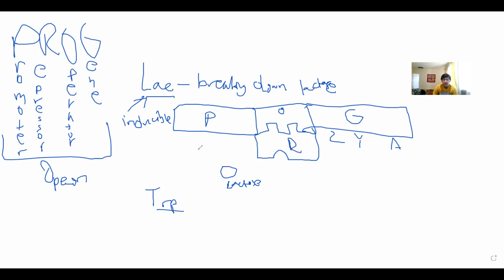So as more and more lactose is produced, that lactose can now stick into the repressor here, and as soon as it sticks into the repressor, it changes conformation. Do you guys remember the lock and key model? So once the lactose fills in that little gap, with the induced fit model for enzymes, it's kind of that same idea, except it's with a repressor.